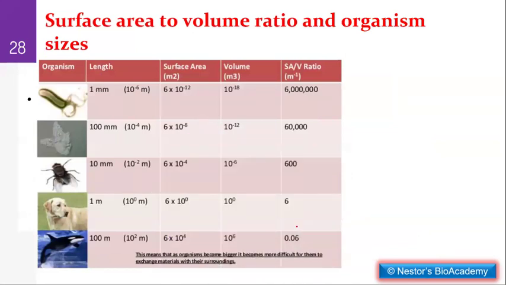And if you bring this into perspective in living things, we therefore expect the rate of diffusion to be much greater in smaller organisms compared to larger organisms. The rate of diffusion will be very, very slow.